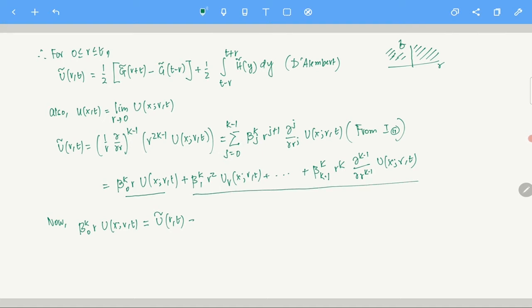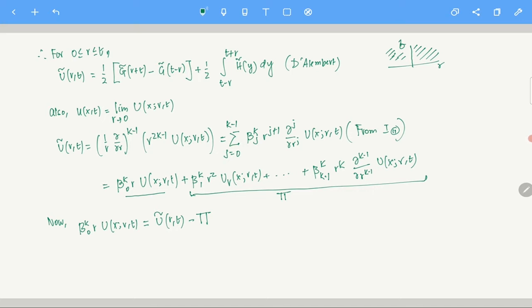Let's call this particular thing some capital pi. I'm not writing the exact same thing. So basically I am just writing this thing equals U tilde minus pi. I just don't want to write it out.